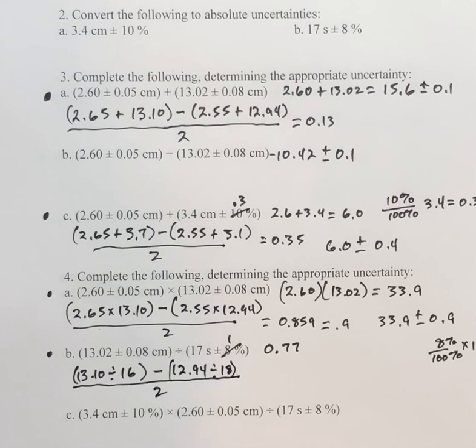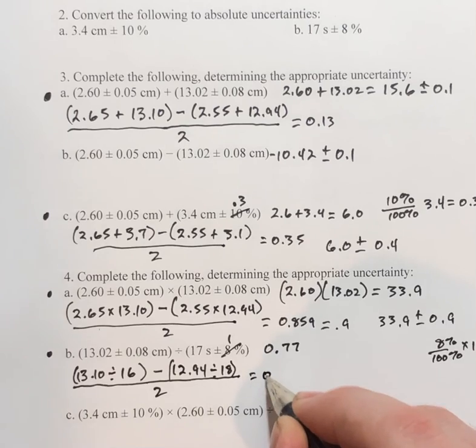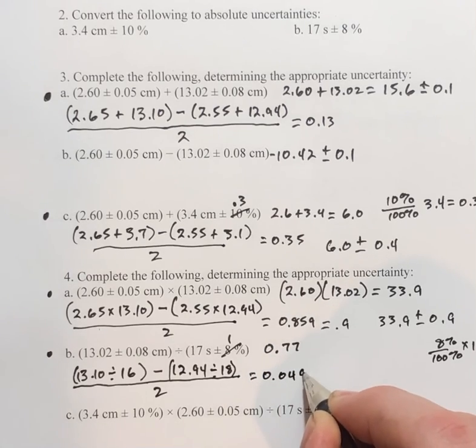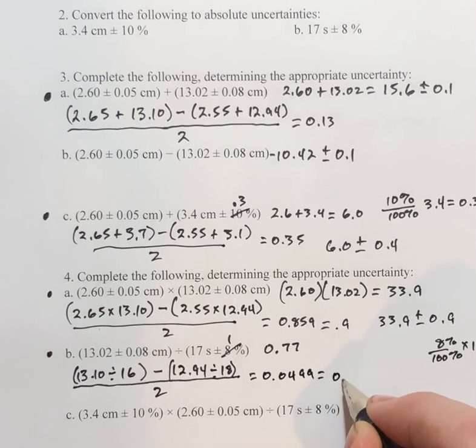13.1 divided by 16 minus 12.94 divided by 18 divided by 2 gives us an answer of 0.0499. Okay, and which we're going to round up to 0.05.